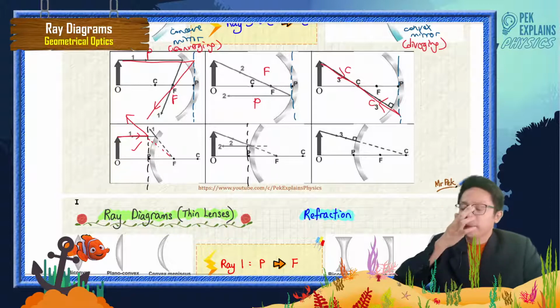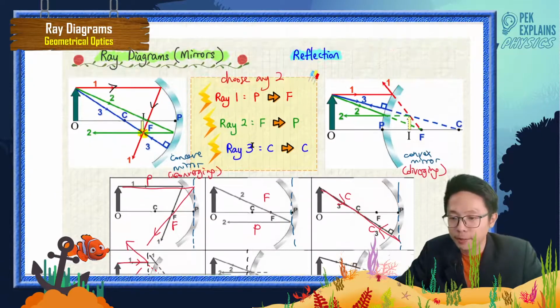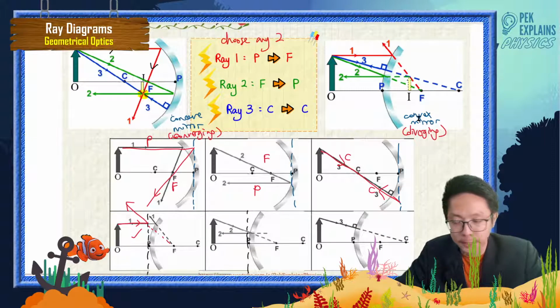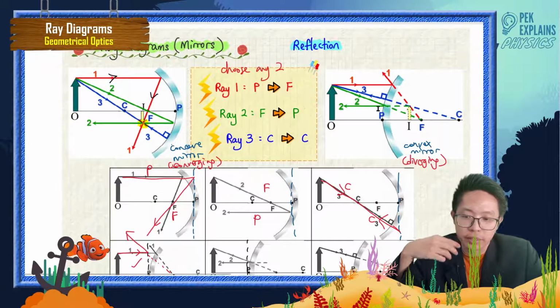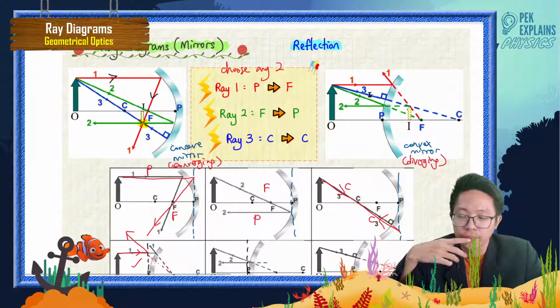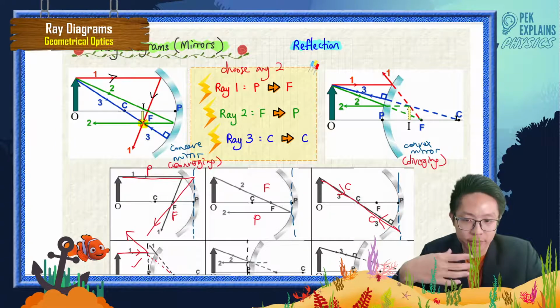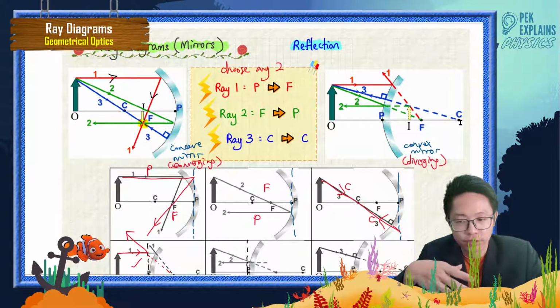Okay, so that's how you get the image for the concave mirror. And then the diverging mirror: you see, the focal point is at the other side. The center of curvature also.